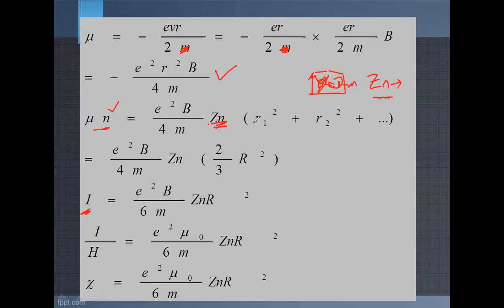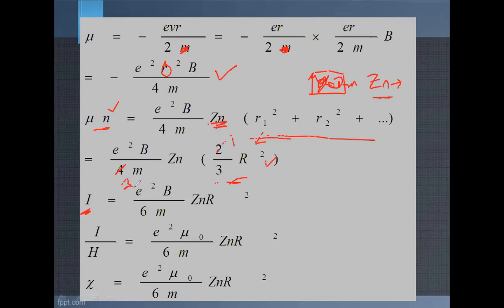Then there is a term here, where R is the radius, but when I apply the radial component, I'm going to get 2 by 3 R square. This equation gives the 2 by 3 R square. I'm going to explain this later.